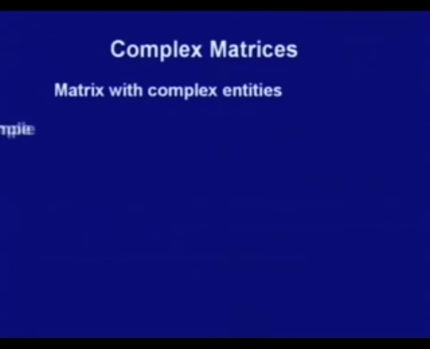For example, this is a 2 by 2 matrix. Its first row second element is i, the imaginary number, while the second row has 1 plus i and 2 plus i, they are complex numbers. So, this is a matrix having complex entries. So, it is a complex matrix.